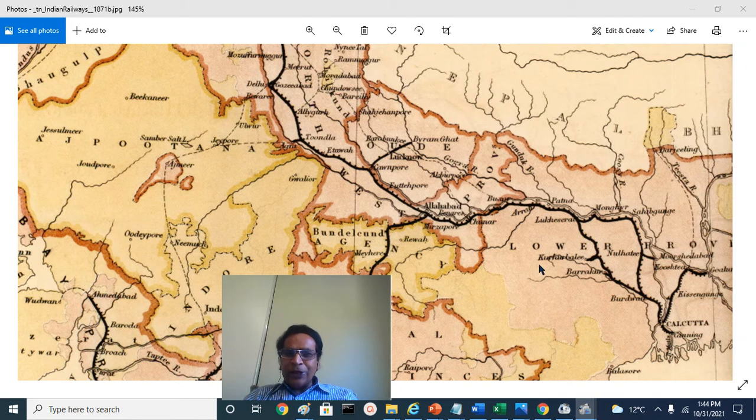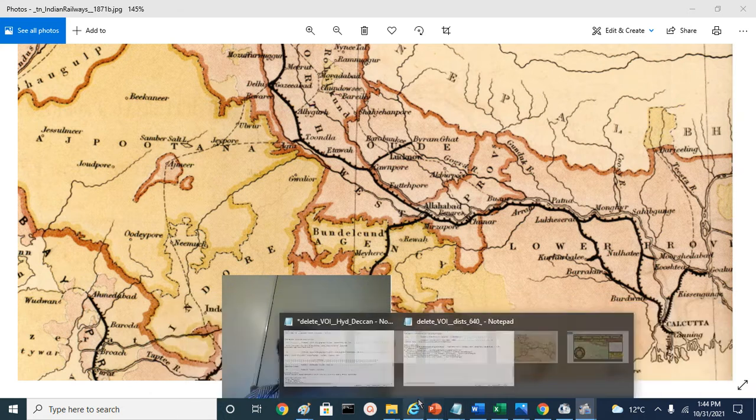There is a town called Guzhandi, close to Gaya, east of Gaya, where he formally inaugurated this line, the chord line from Sitarampur to Mughalsarai, that is the Gaya line, Guzhandi line, Dhanbad line, the chord line, the shortest line.